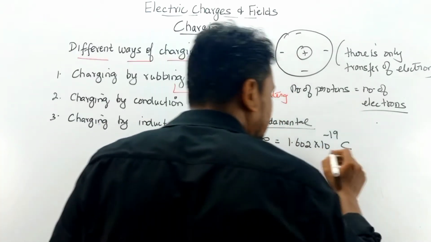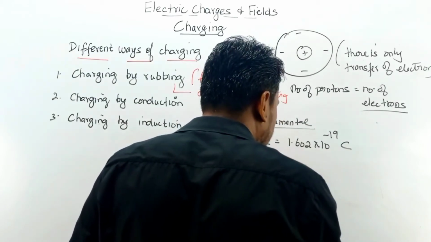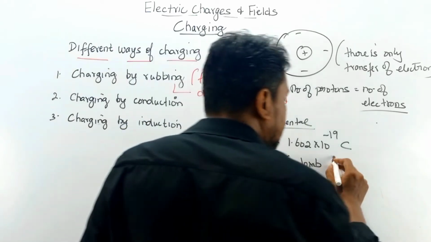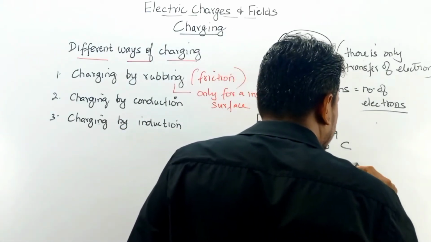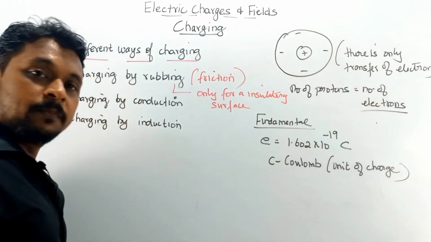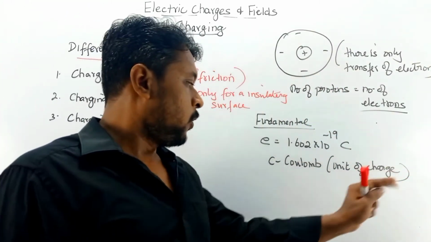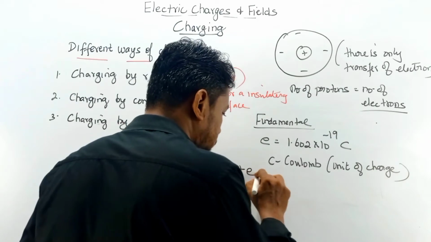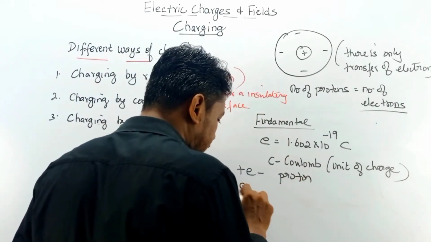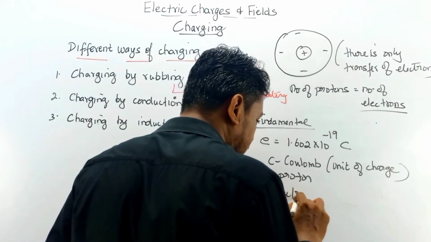C is Coulomb, which is the unit of charge. If it is +e, it means proton or positive charge. If it is -e, it means electron or negative charge.